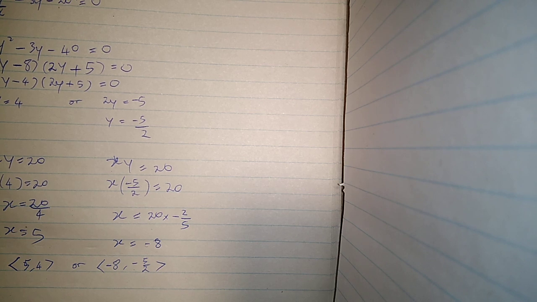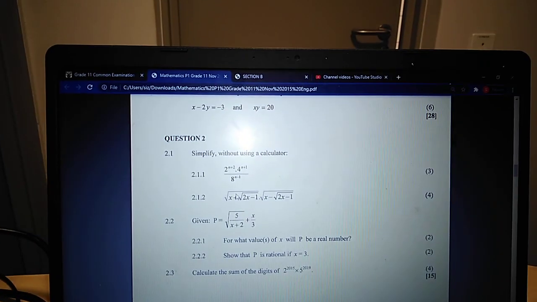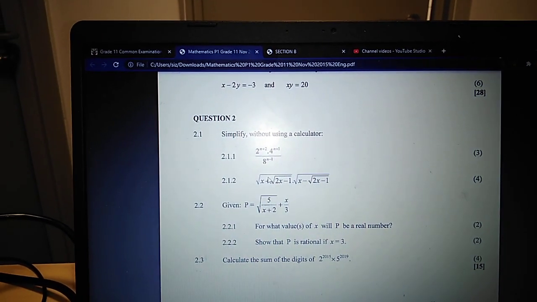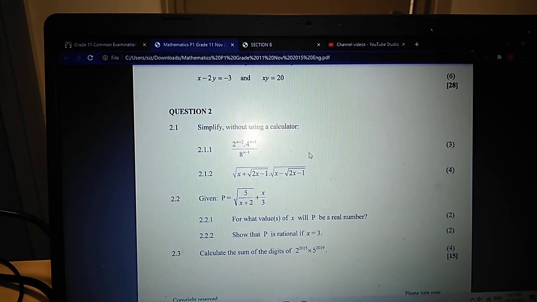And now we're going to be working on simplifying some exponential equations and some other monstrous expressions.